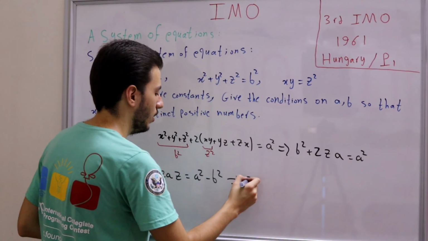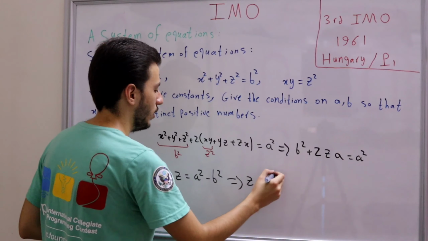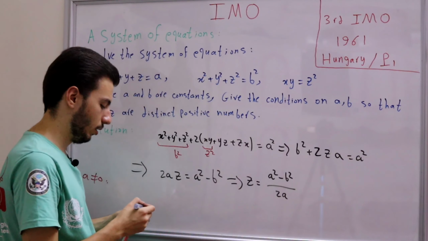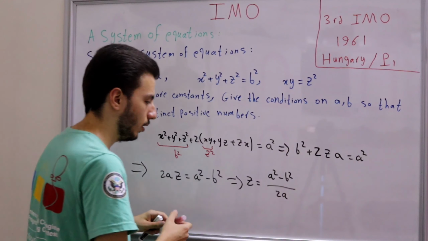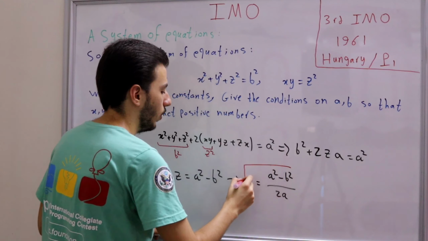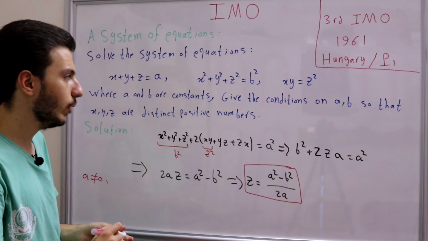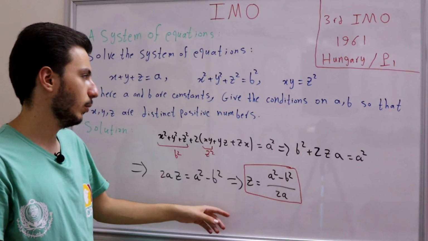We know that c is equal to a squared minus b squared divided by 2a. Perfect. We're done with one unknown variable. Okay, so now let's take a look at the other variables.